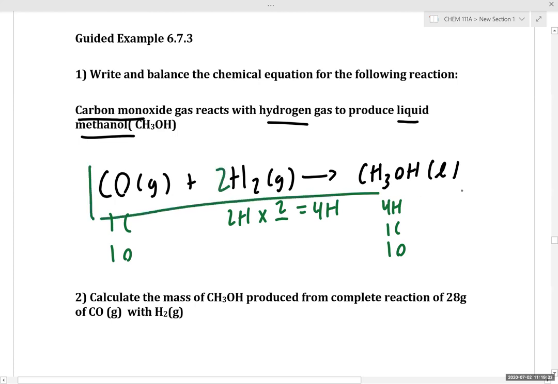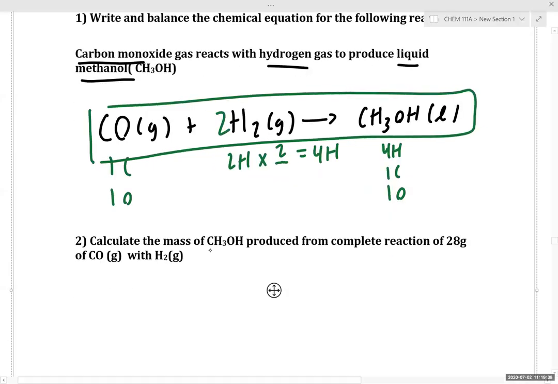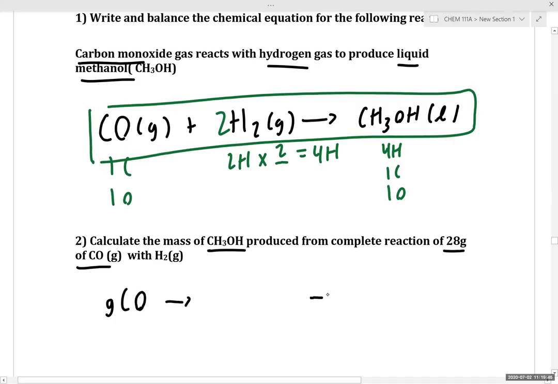So now we have our complete balanced chemical equation, and now we're ready to calculate the mass of methanol produced when 28 grams of carbon monoxide reacts. So we're going from grams of carbon monoxide to moles of carbon monoxide to moles of methanol to grams of methanol.